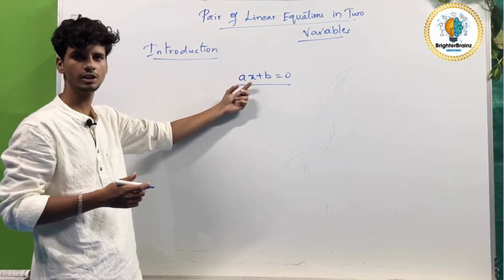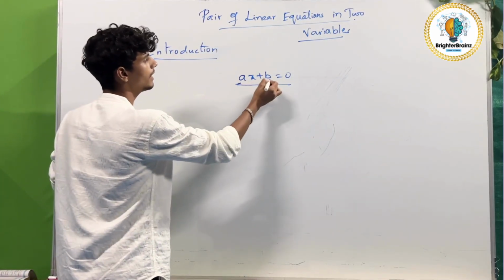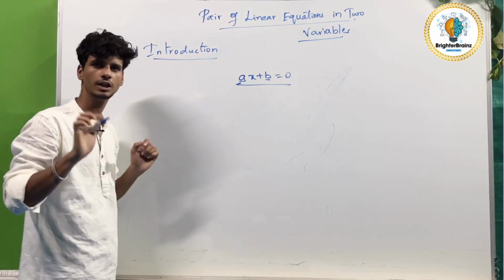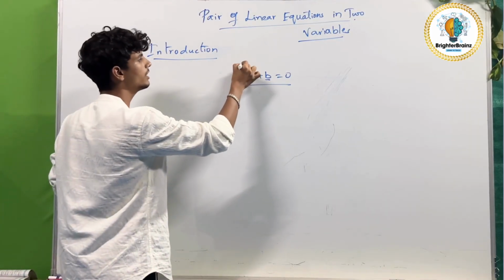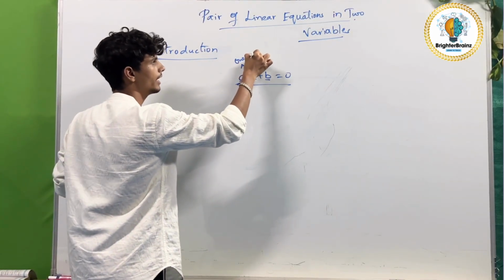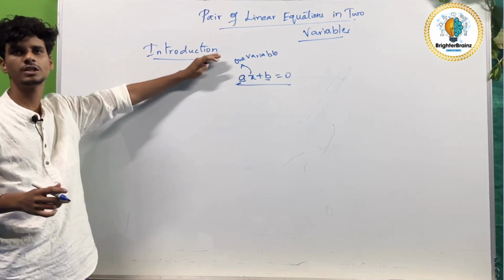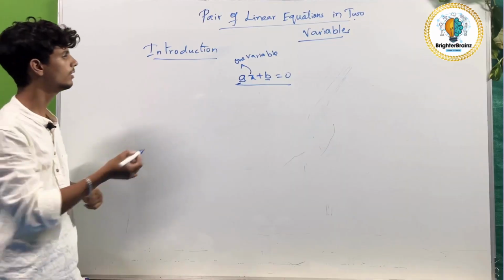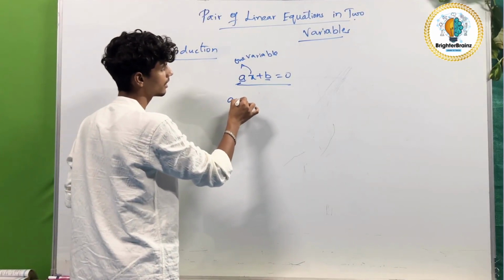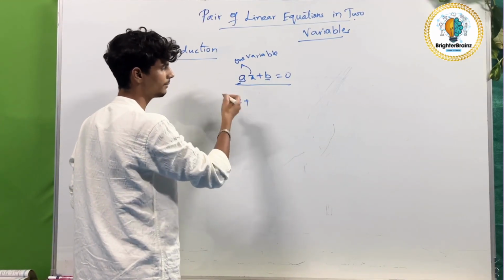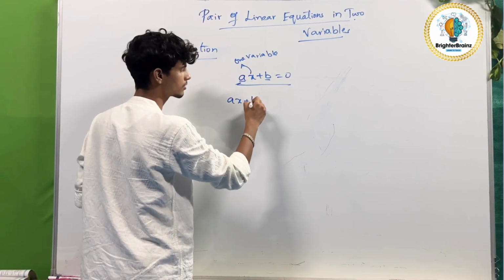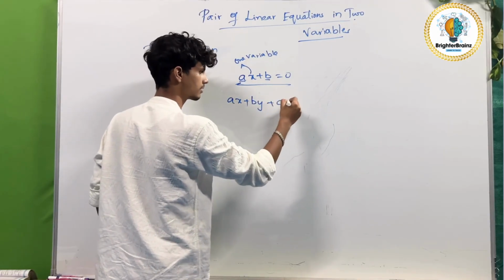So this is the one variable. Here a and b are two real numbers and x is the only variable that you studied in the 9th standard. But now we are going to discuss the linear equation in two variables.